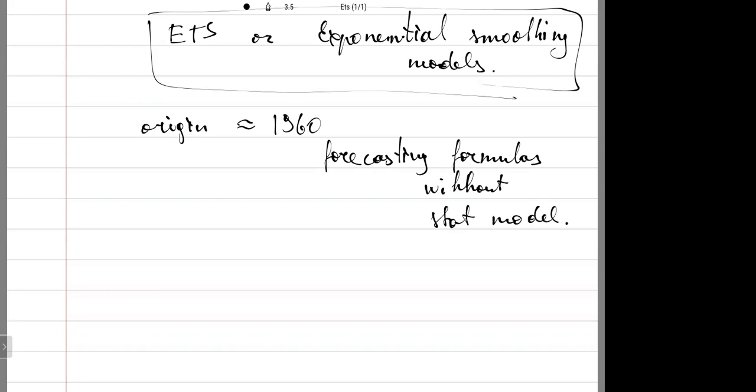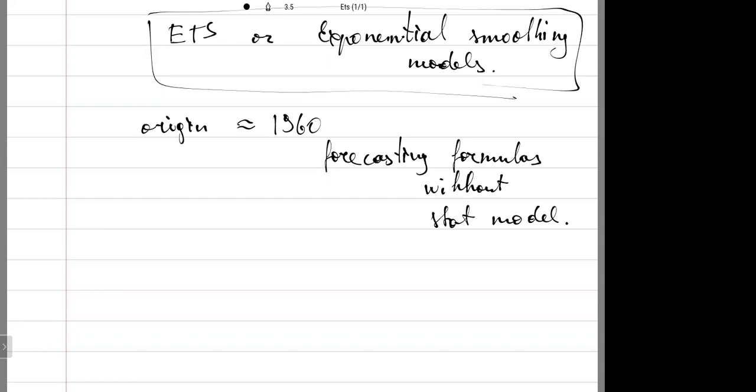They were used for point forecasts, but without an underlying statistical model it was not possible to produce interval forecasts, to speak about predictive intervals, confidence intervals, hypothesis testing, model comparison, and so on.